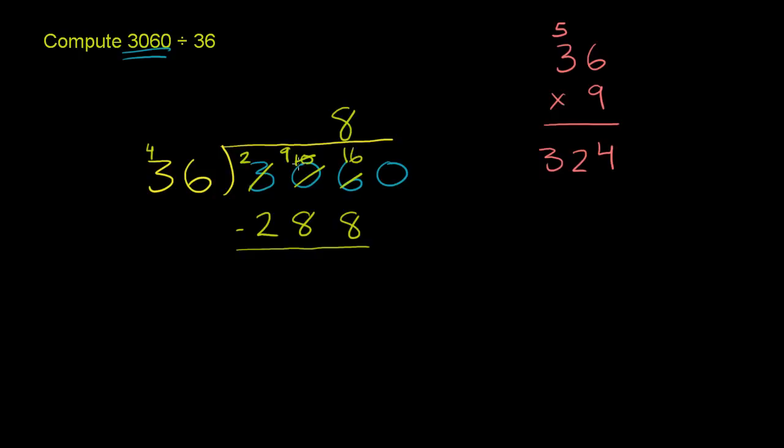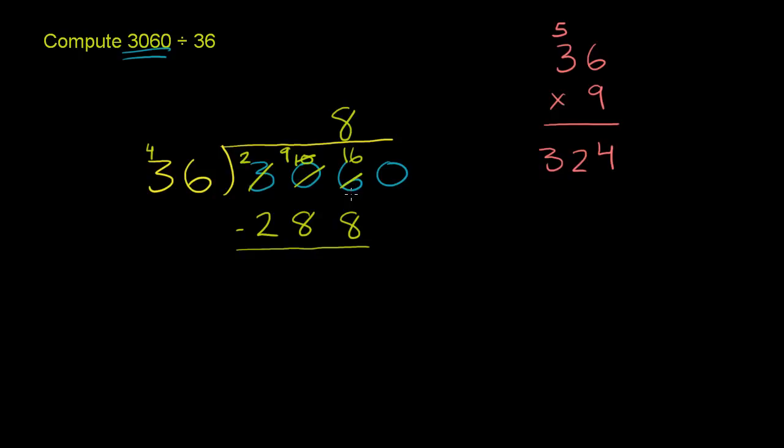Because this 10 is really 10 tens, in the tens place. If you take 1 away from it, this is actually now 90. And we have 10 to give to this 6, and 10 plus 6 is 16. So that's what we're really doing.